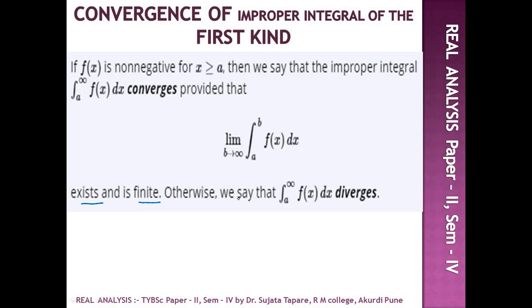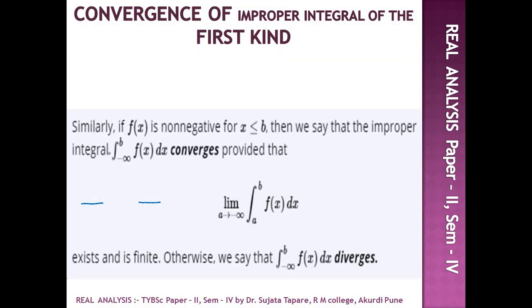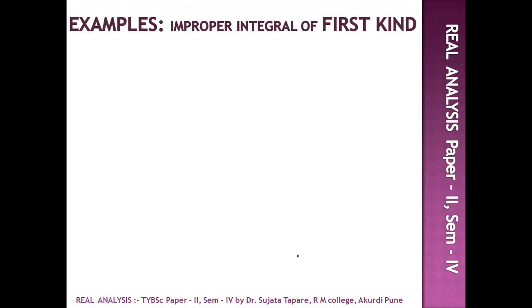Otherwise it is said to be divergent. Similarly, the integral from minus infinity to b of f(x) dx is said to be convergent if the limit as a tends to minus infinity of the integral from a to b of f(x) dx exists and is finite. Otherwise, this integral is divergent.